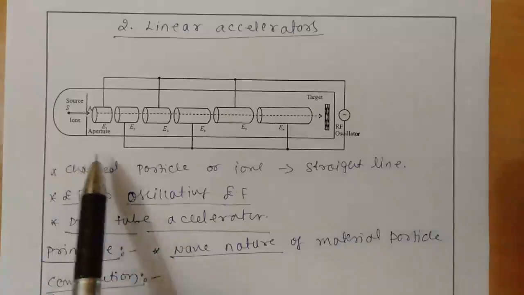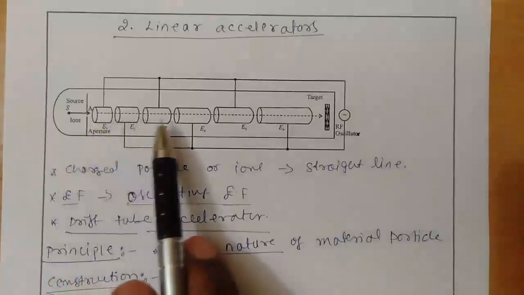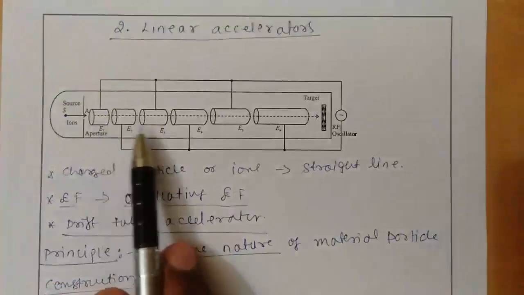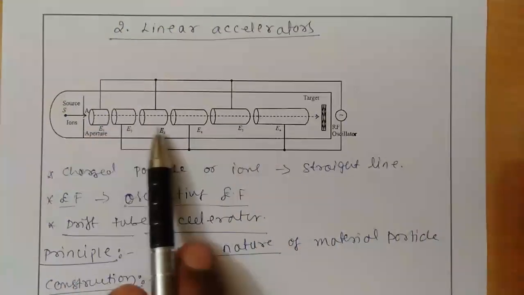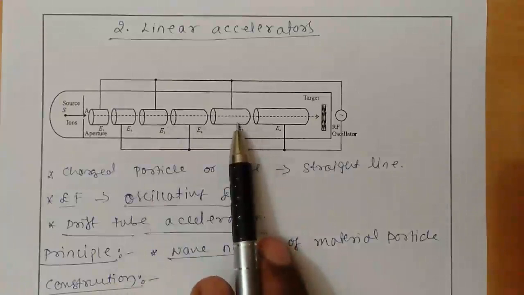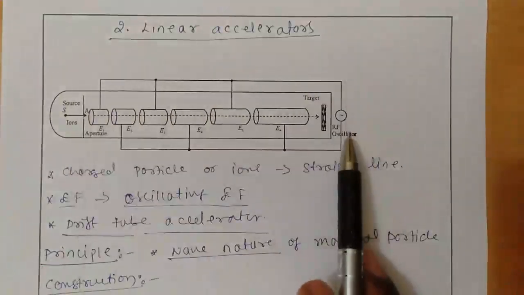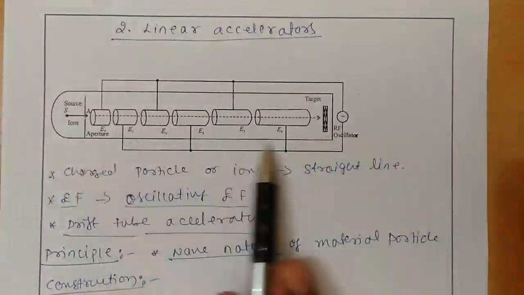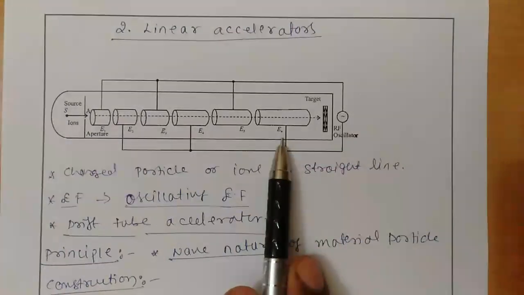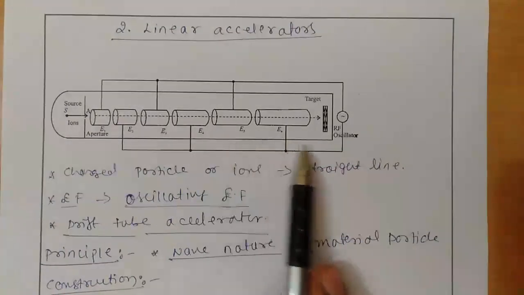What is the intention in connecting the first, third and fifth tubes to one end of the oscillator, and the second, fourth and sixth tubes, the even numbered tubes, to the other end?